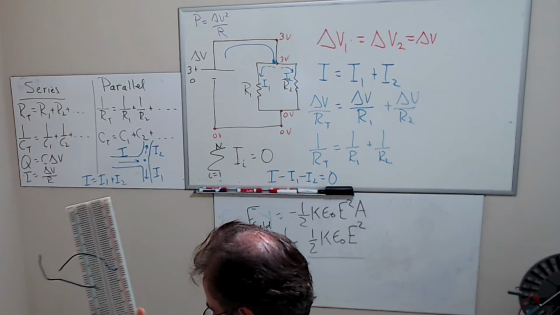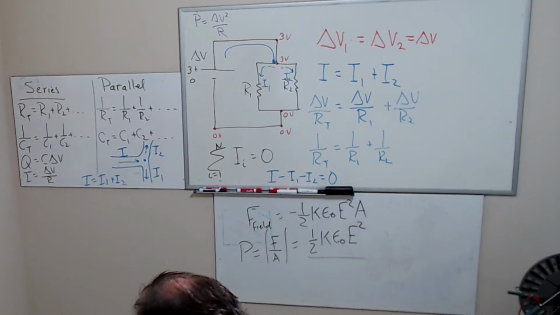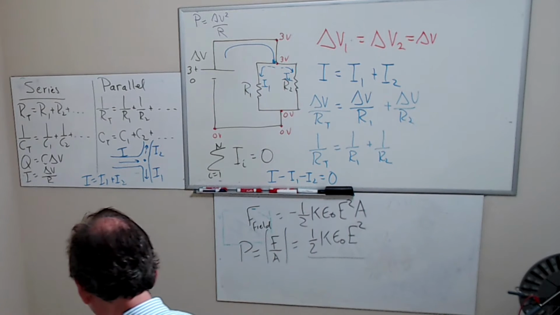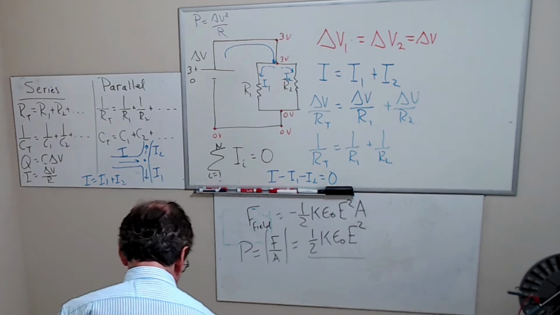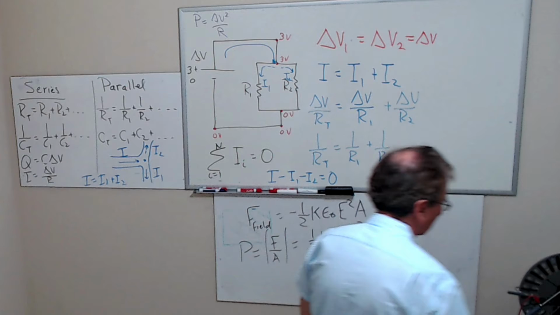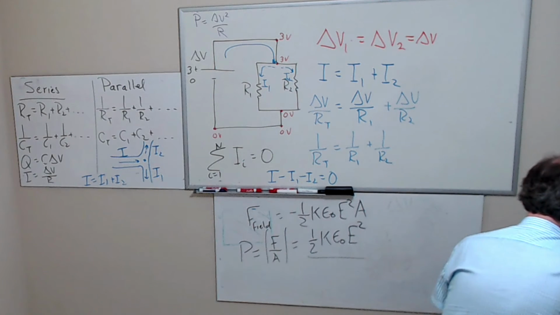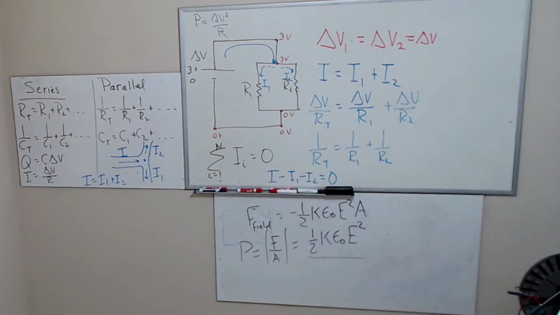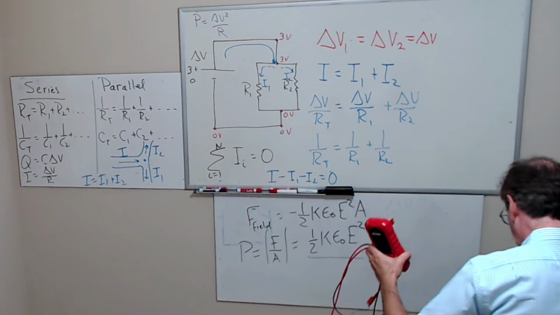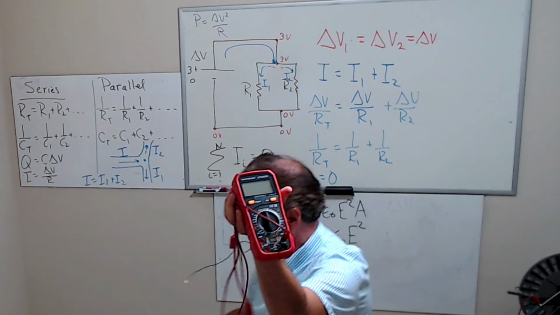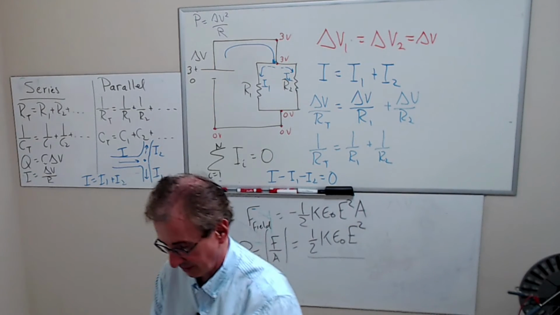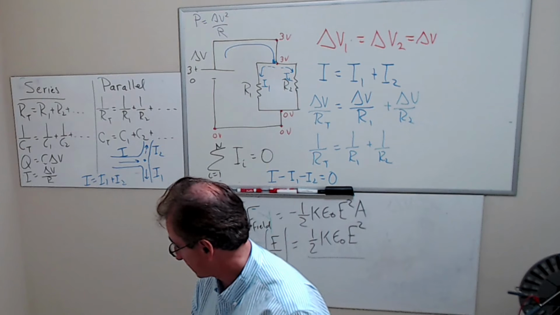How do you do that? How do you figure out if the holes are electrically connected together? Well, what you do is you use the multimeter. Let me grab my multimeter. A second here. You grab the multimeter and you measure resistance.